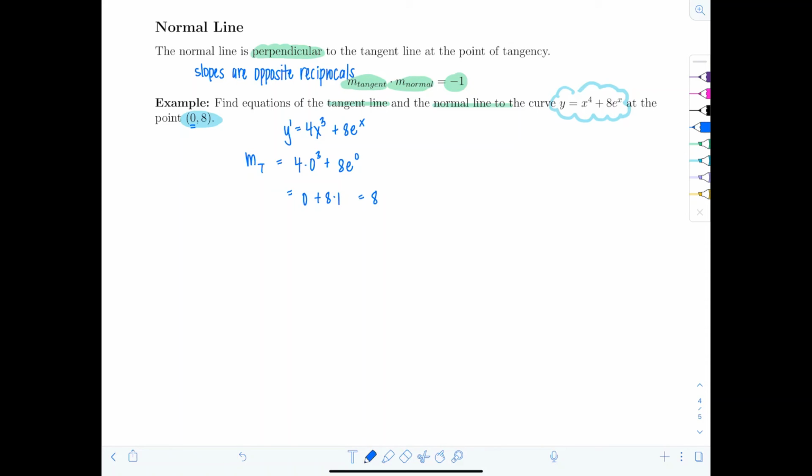Now for the slope of the normal line, I just take the opposite reciprocal. So I would flip it and change the sign, which would be -1/8. And you can see, using our definition up above, 8 times -1/8 is -1. That's a pretty slick definition, right? Instead of being so wordy and writing slopes or opposite reciprocals, you just say, oh, multiply them and you get -1.